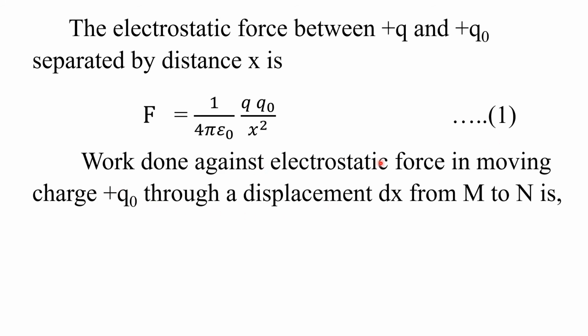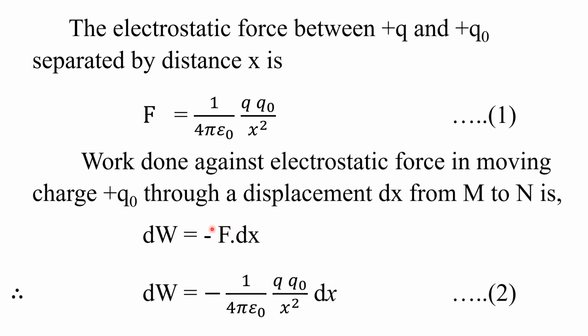Work done against the electrostatic force in moving a charge plus q0 through a displacement dx from M to N is dW is equal to minus F dx. In the previous case, for electrostatic potential energy, we wrote dW is equal to minus F vector dot dr. In that case the displacement was considered as dr, and here the displacement is considered as dx.